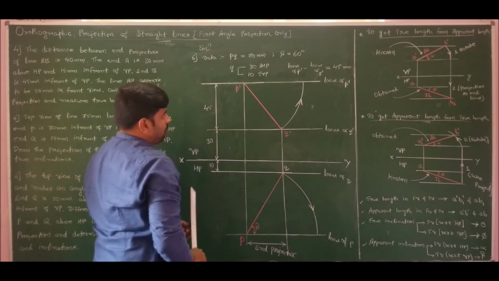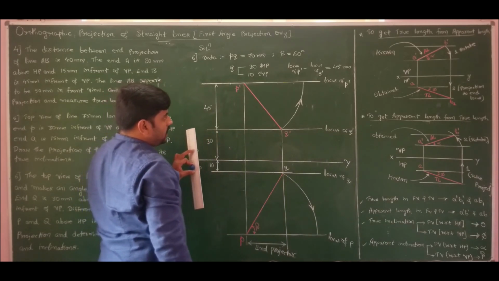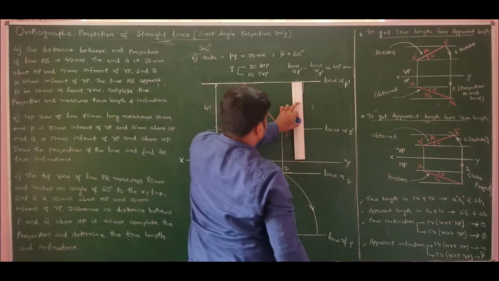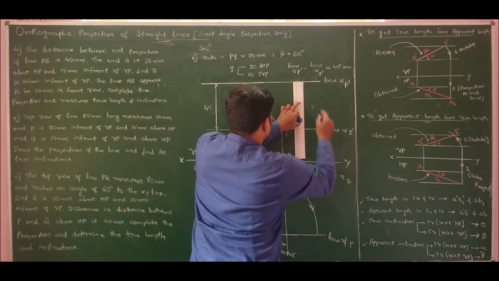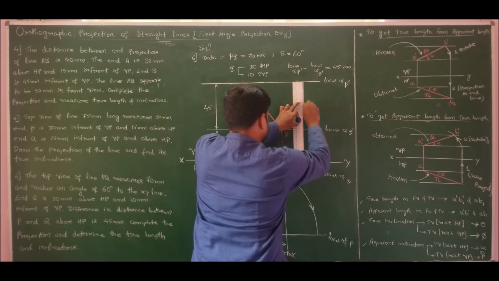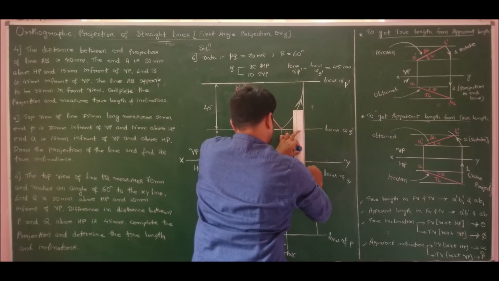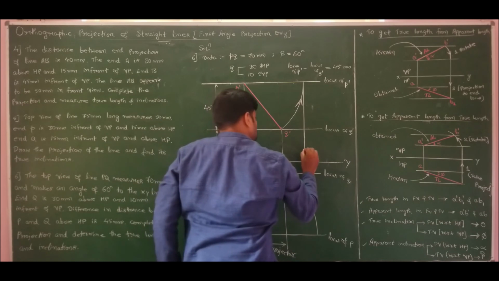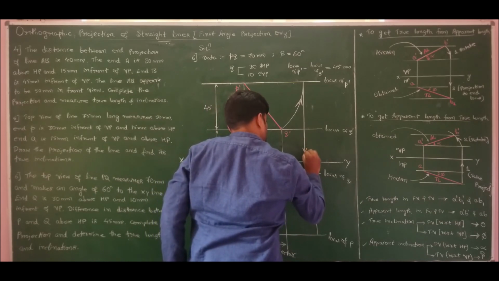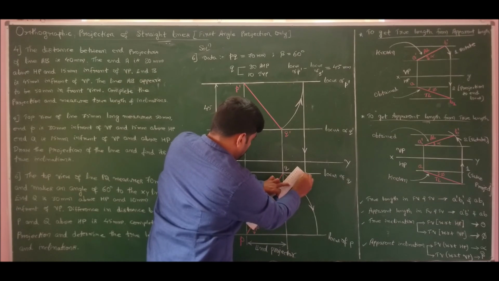Now I should draw perpendicular to the extreme locus, that is Q and Q dash. So from here I should draw perpendicular to Q. Drop the perpendicular to Q. So this will give us PQ1.